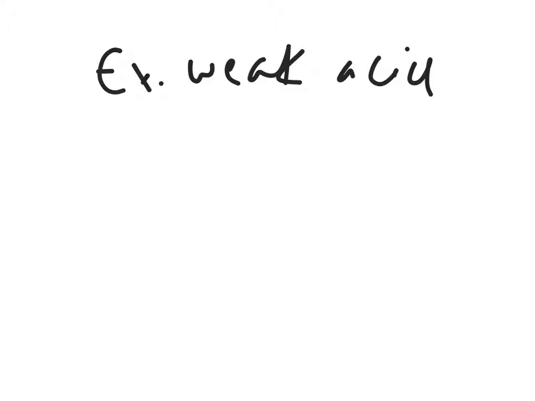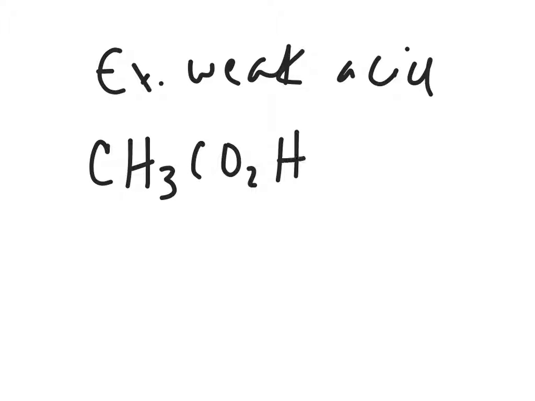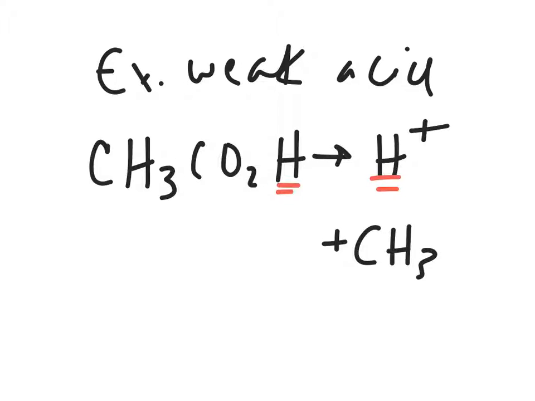So for example, acetic acid, the acid in vinegar, is the one that we talk about the most, CH3CO2H. We know that as an acid, it releases H+. In fact, this is the one that got released. And then you have the conjugate base, which is everything that's left over.